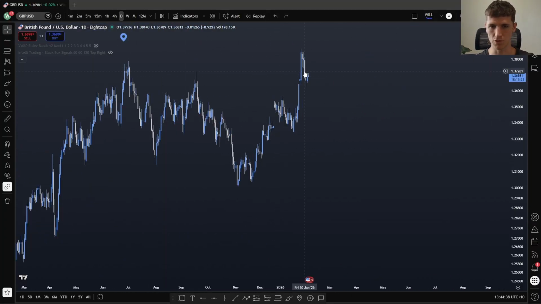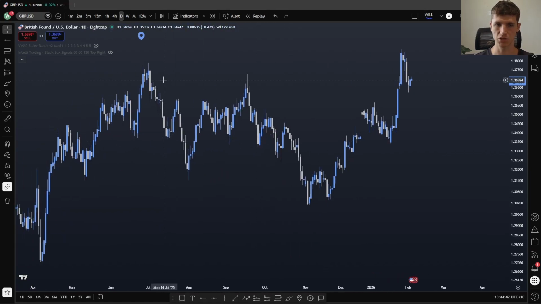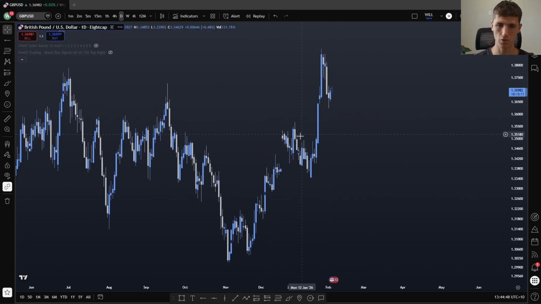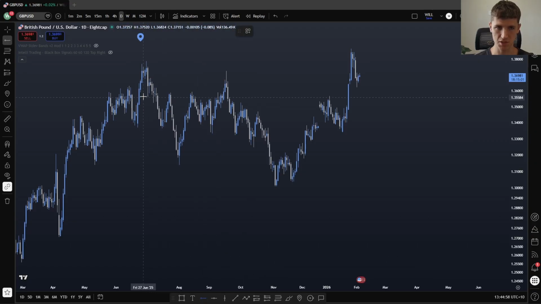So what we want to do is zoom in and actually look at market structure here. What I can identify is this move right here. Price pulled back, we started pushing higher, created a higher low, higher high. It's broken structure, as you can see from this high.